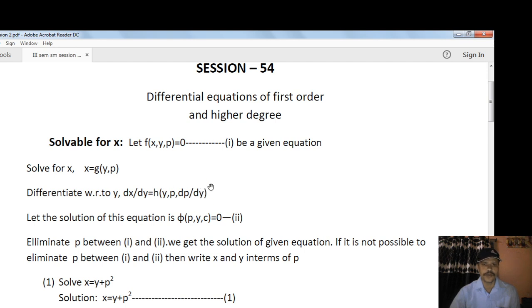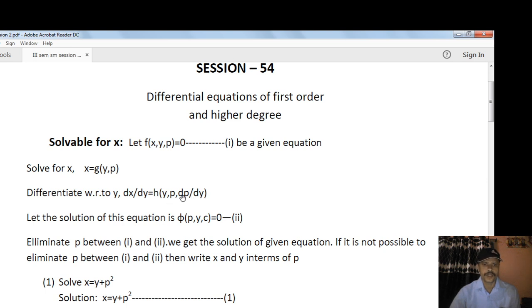It is a function of y, p, dp by dy, call it as h. Now, we already know that dy by dx is p. Therefore, dx by dy is 1 by p. Replace dx by dy by 1 by p. That means this whole equation contains y, p, dp by dy.